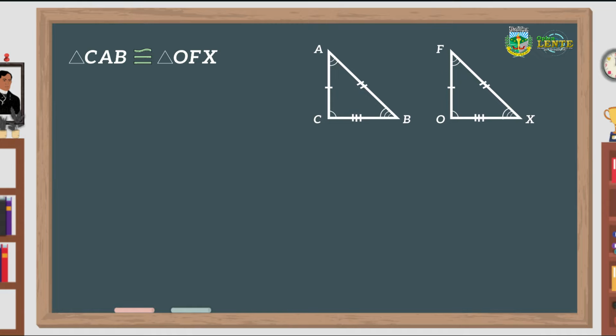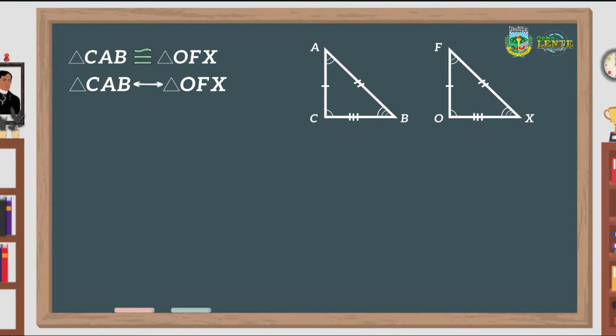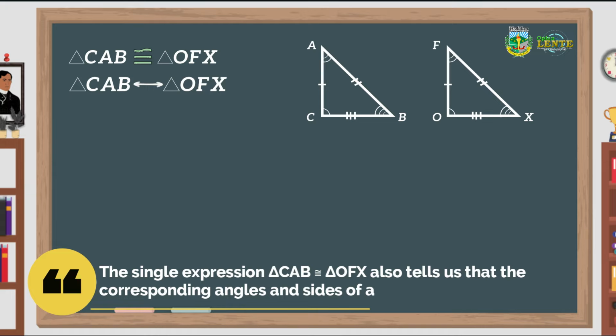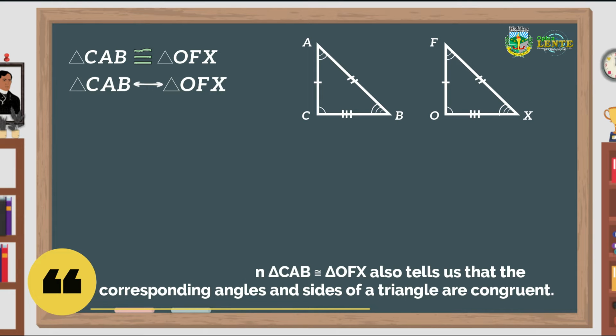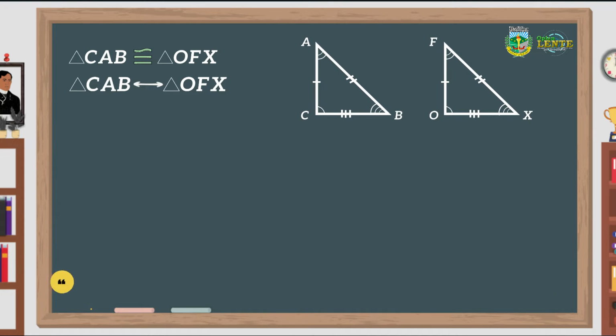When we write triangle CAB congruent to triangle OFX, we mean that the correspondence between triangle CAB and triangle OFX is a congruence. The single expression triangle CAB congruent to triangle OFX also tells us that the corresponding angles and sides of the triangles are congruent.